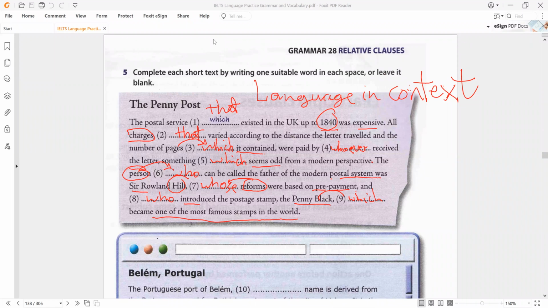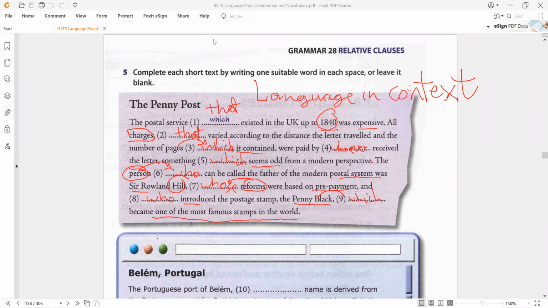What was the situation at the beginning in the UK? At the beginning, who used to pay? The receiver. Yes, the receiver used to pay.